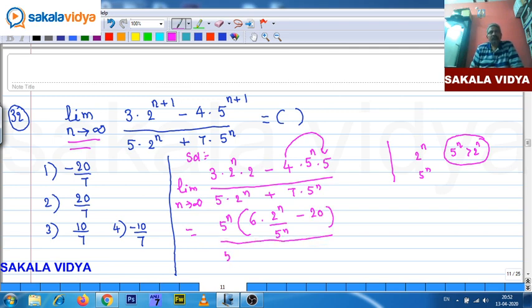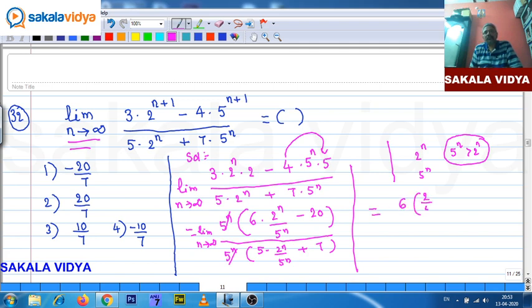Similarly, in the denominator, taking out 5 power n common, we have 5 into 2 power n by 5 power n plus 7. Now the 5 power n gets cancelled. We can write this as 6 into (2 by 5) all to the power of n, minus 20, upon 5 times (2 by 5) all to the power of n plus 7.